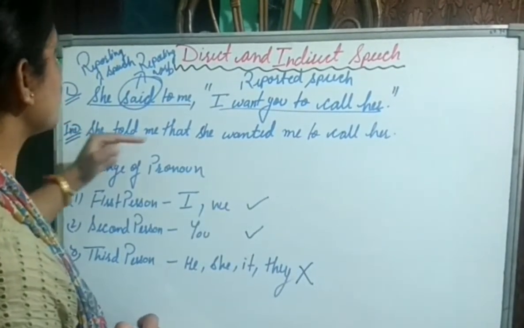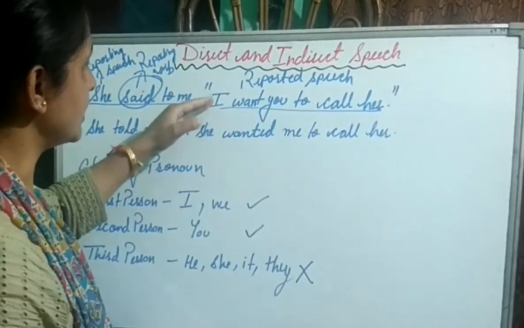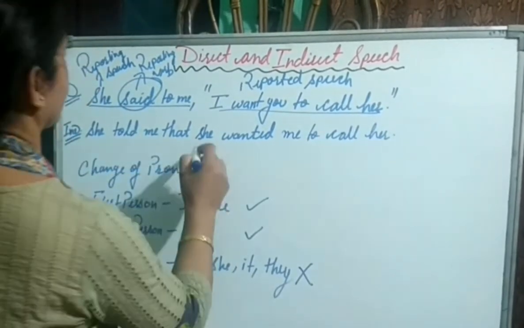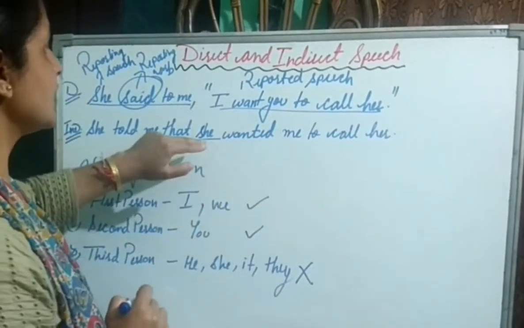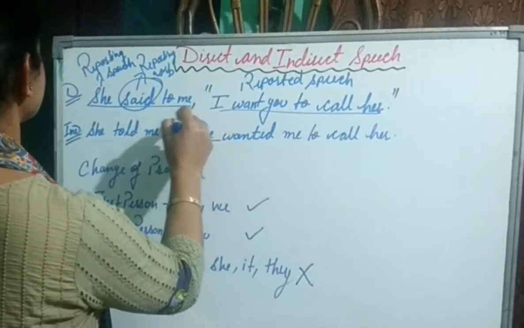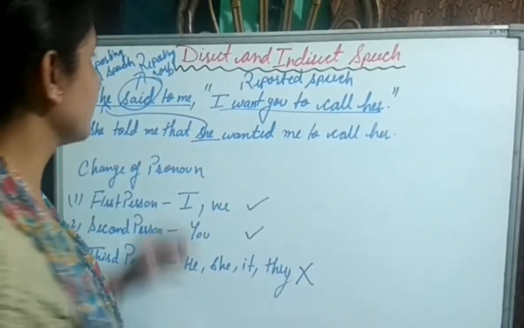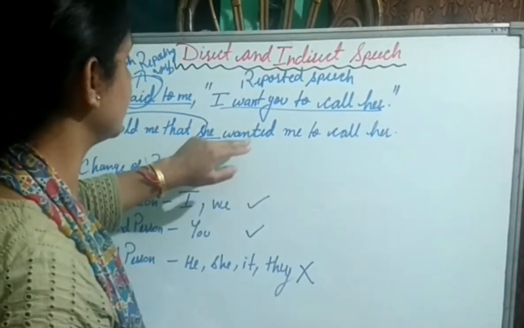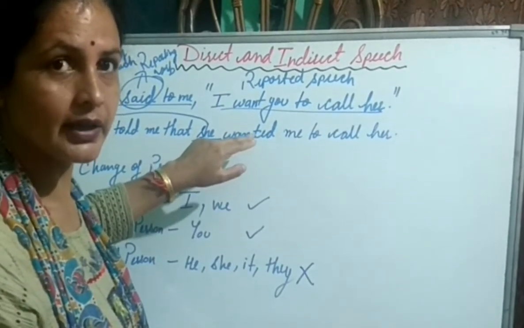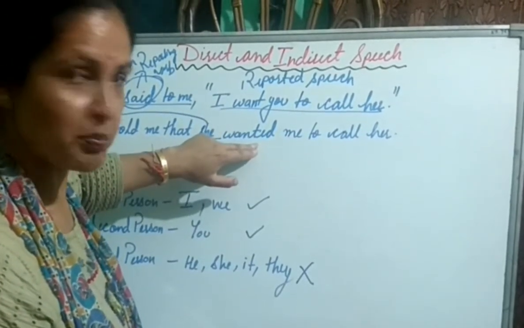She told me that. Now after that this I is changed and we have used she. So this she is the subject of the reporting speech. Then she wanted. Now here want we changed into wanted. We have already discussed that tense changes. Here it is present and we have changed it into past.